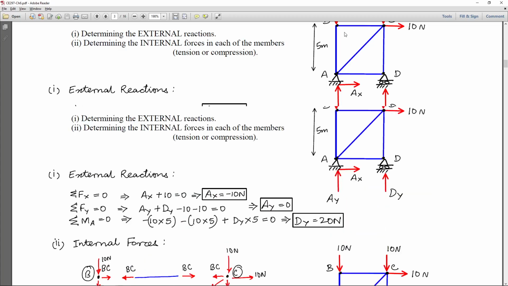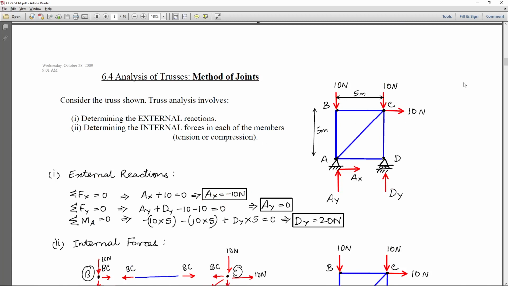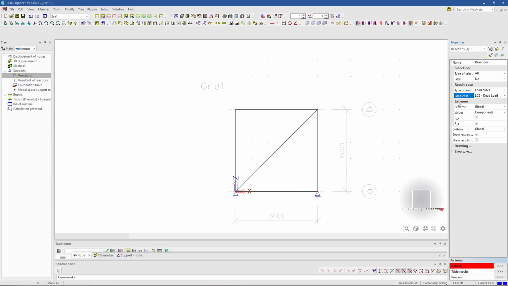And this self weight wasn't considered. All that was considered are just the loads acting on this, the gravity and the laterals acting on this. So head over. Dead load, global, RS, RO. Let's go with RS first. Refresh.